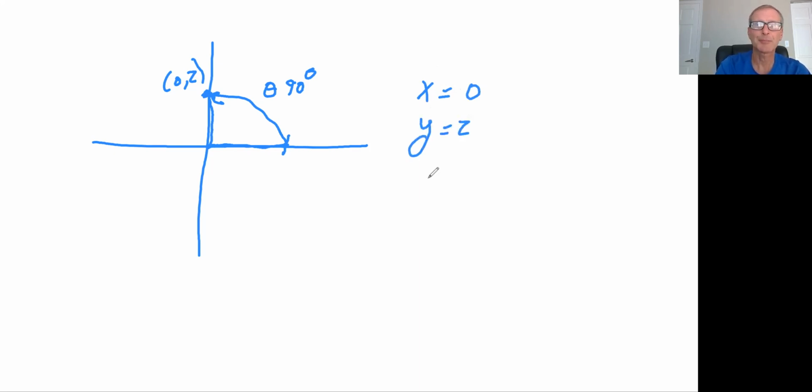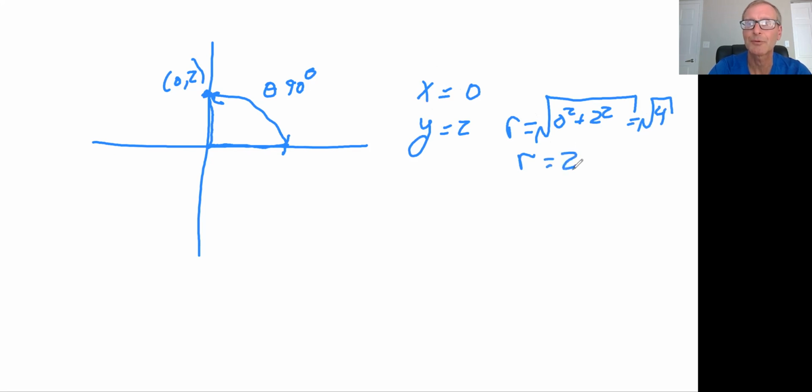And so what is our hypotenuse? Well, remember, we calculate it this way. And so when one of the values is 0, you get the square root of 0 squared plus 2 squared, which equals the square root of 4. And so you can see that r also equals 2.